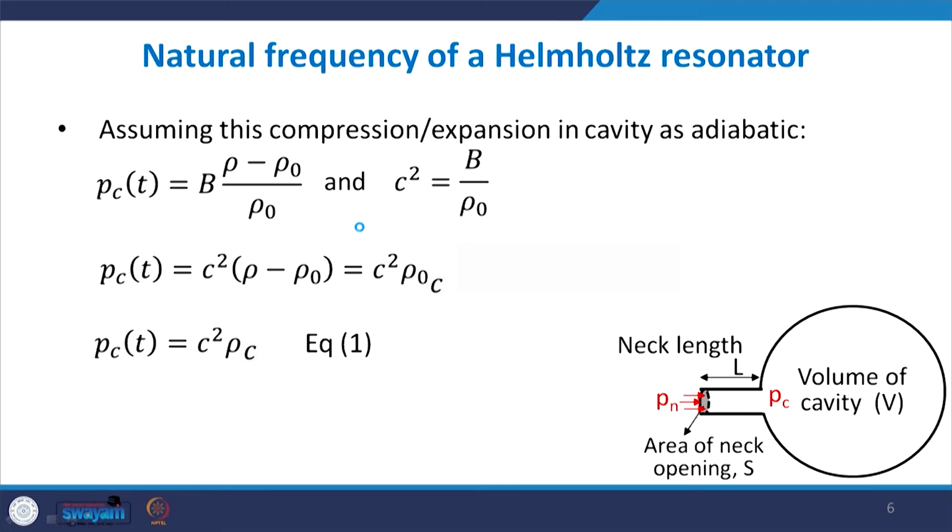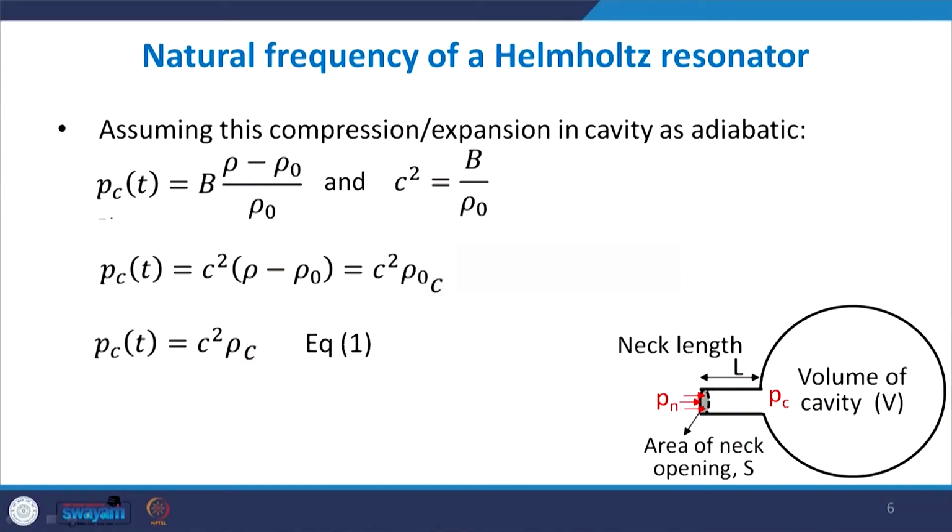Within the acoustic process, we studied in lecture 2 that they follow an adiabatic process. All of these acoustic compressions, expansions or density fluctuations are adiabatic in nature. If you go to lecture 2, we had derived this equation, that the pressure is equal to this particular expression.